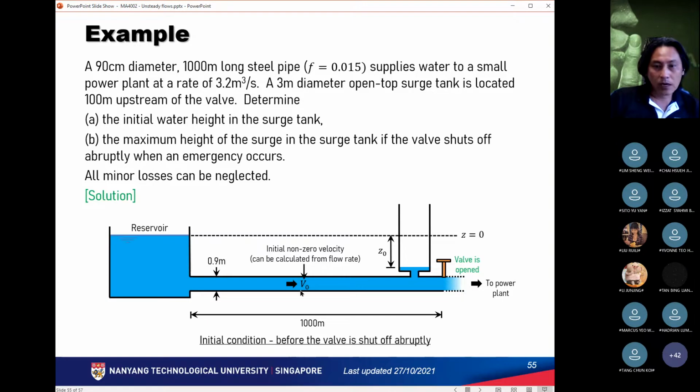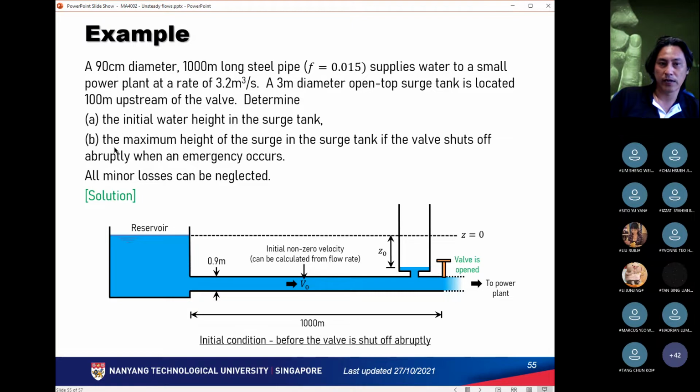These are the initial conditions: a 0.9 meter diameter pipe, 1,000 meters worth of pipeline from the reservoir to the valve, and the surge tank is 100 meters upstream of the valve. Based on all this information, we're asked to determine the initial water height in the surge tank, that means Z naught, the steady state water height when the valve is fully open.